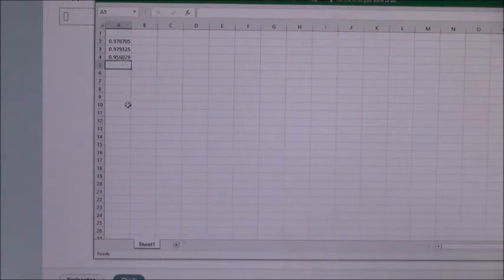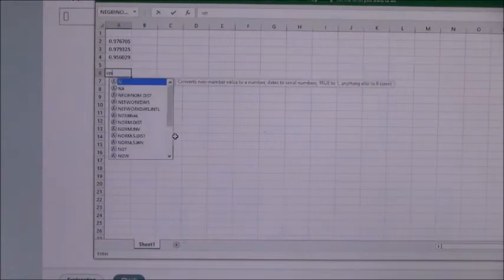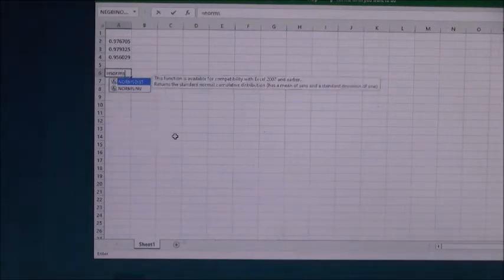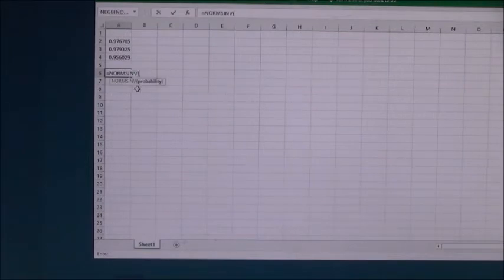Now, if I am finding the z-score that corresponds to a given area, again, I am just going to go to a blank cell here. I'm going to type equals NORMSINV. So equal NORMS, and you can see the second one is the inverse one, so I'm going to double click on that.